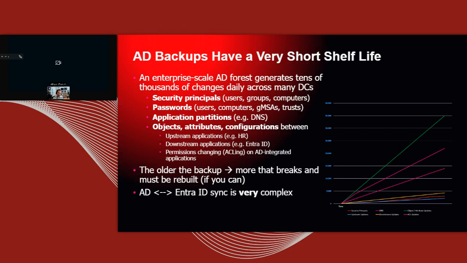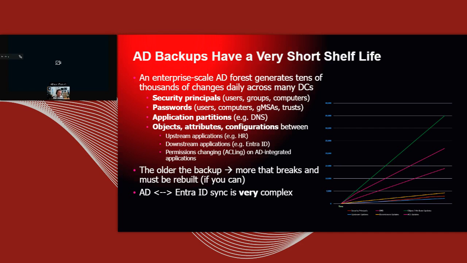Further complicating that fact is that we all live in a hybrid environment, and you have Active Directory and Entra ID. If you think of Entra ID and Active Directory as a synergistic whole, there's a lot going on under the covers to make those two things work.